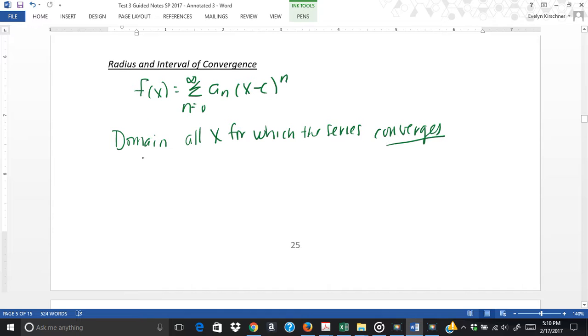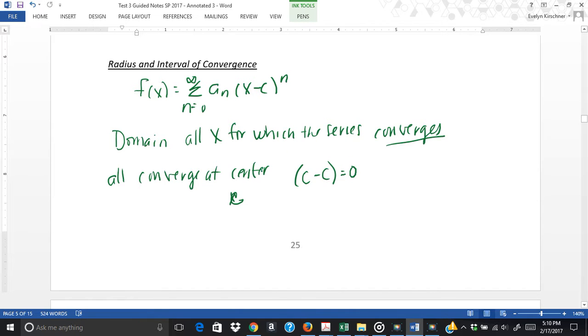Okay, so every power series converges at its center. So all converge at their center. And why? Because you're plugging in the center, x equals c. So c minus c is 0.